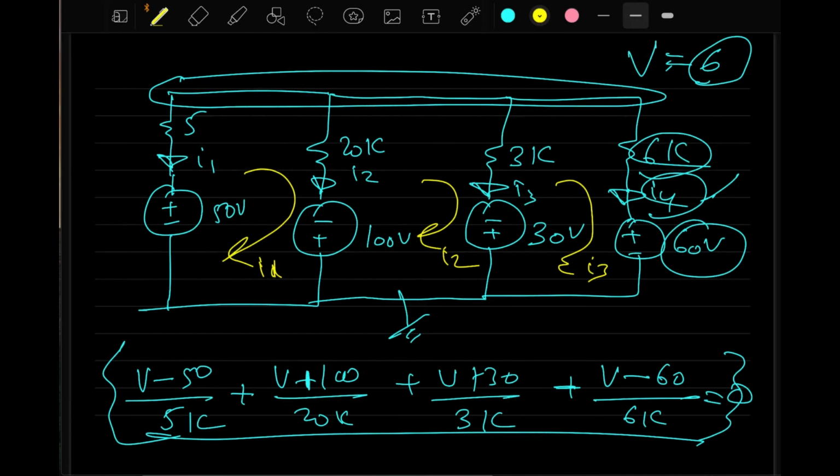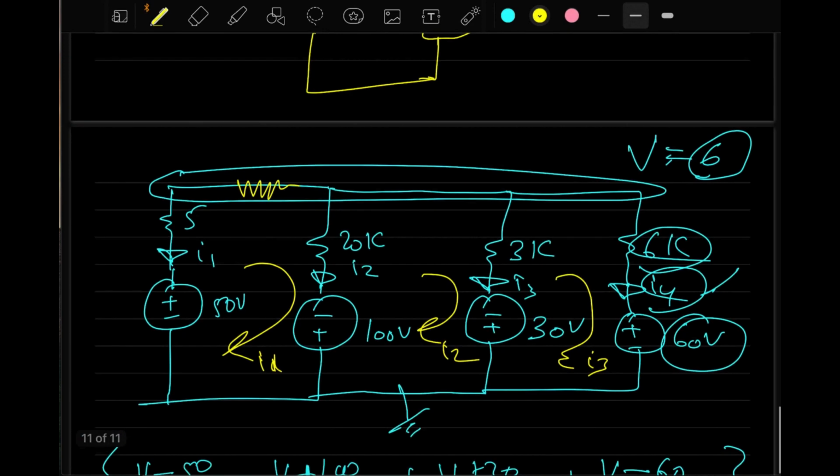So if there was a resistor in between, like between the 20K and 3K, then we would have another node. Yes, then you will have another node, and nodal analysis would still be better to go for, because let us say you have a resistance here, then this will be your V1 and this will be your V2.